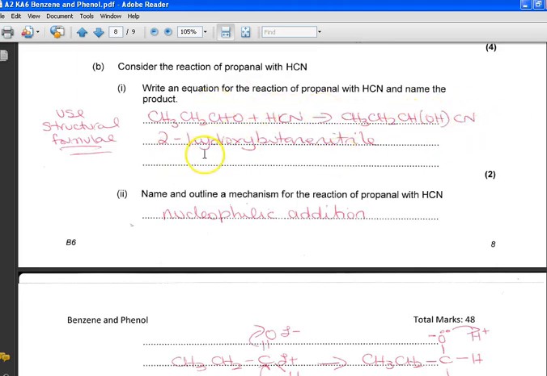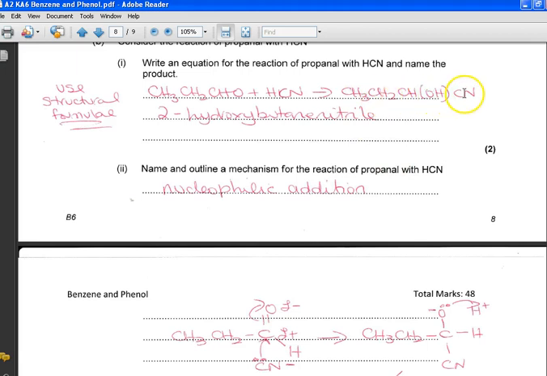So 2-hydroxybutanenitrile, because we've now got 4 carbons, and we've got our alcohol group on the second carbon. This is because it's a carbonyl group, a double bond being broken and added across. It's an addition reaction, and in this case CN- is a nucleophile. It's being attracted to the positive charge on the carbon.